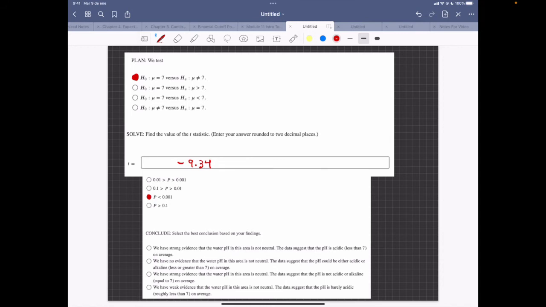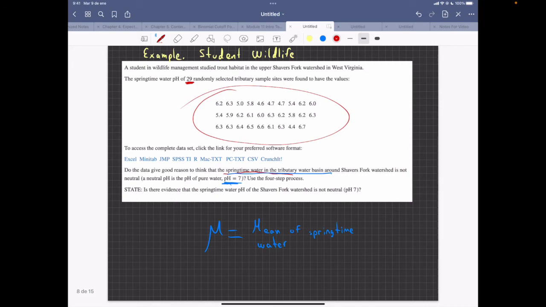And what is the rule? Remember, in all the hypothesis tests we're going to be seeing in this course, if the p-value is less than alpha, reject H0. And what is the value of alpha, by the way? It doesn't say here.